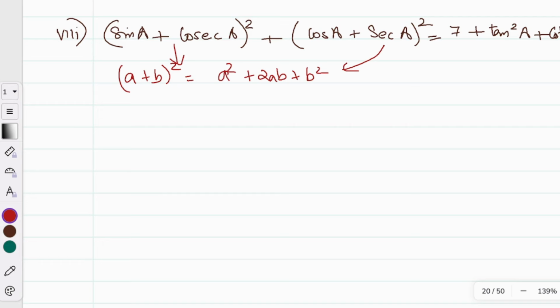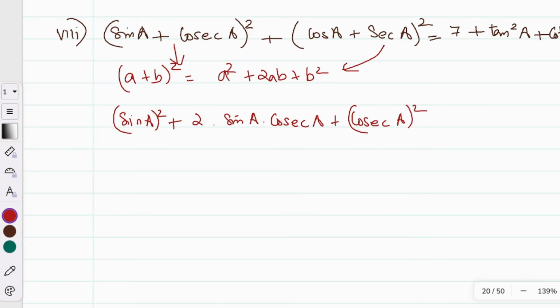In the first part, sin A plus cosec A the whole square, I can write as sin square A plus 2 into sin A cosec A plus cosec square A. That is the first part. Then plus cos A plus sec A the whole square, which I can write as cos square A plus 2 cos A sec A plus sec square A. Clear?